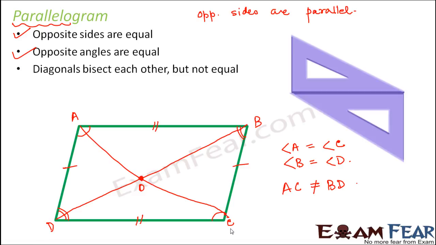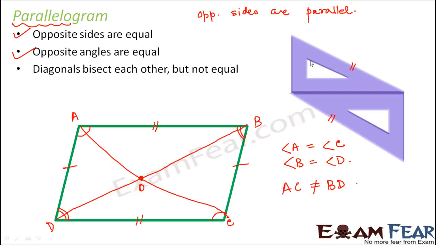Now, can you think of making a parallelogram on your own? Yes, you can take the help of the set square inside your compass box. If you set two identical set squares in this arrangement, you get a parallelogram, because in this case your opposite sides become parallel and equal.